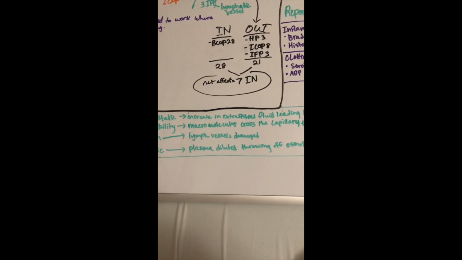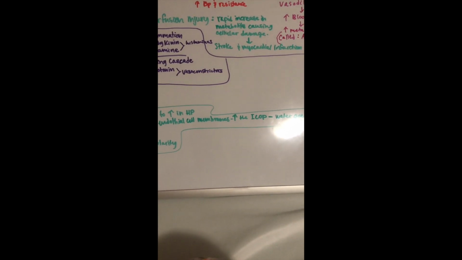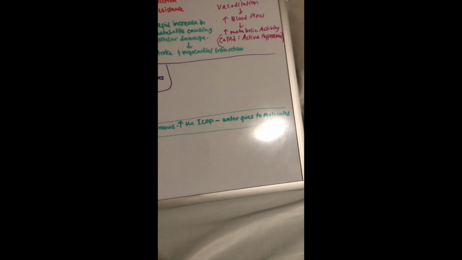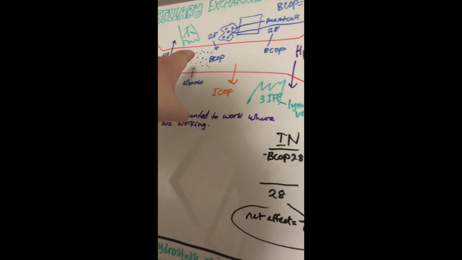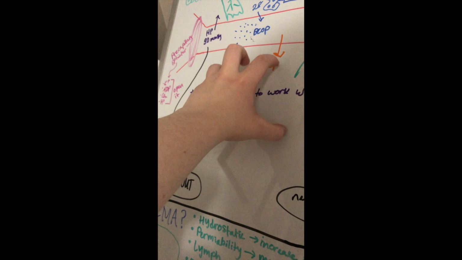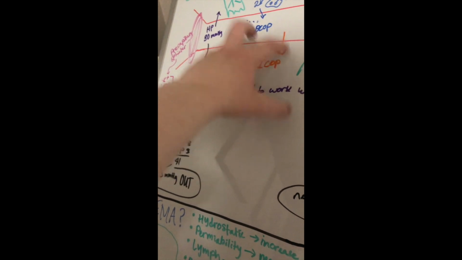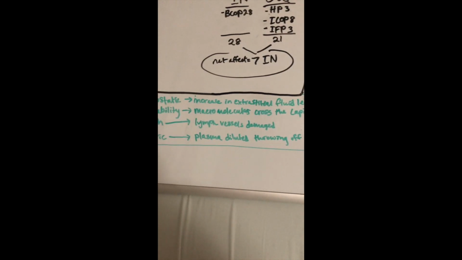Permeability is when macromolecules cross the capillary endothelial cell membrane, which then increases the ICOP, and water goes to the molecules. So macromolecules come in here, they bust this all up, making it so all of our molecules are on the outside, and water goes to where the molecules are, so it comes out causing edema.